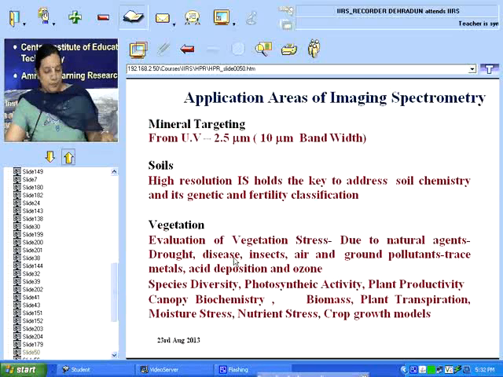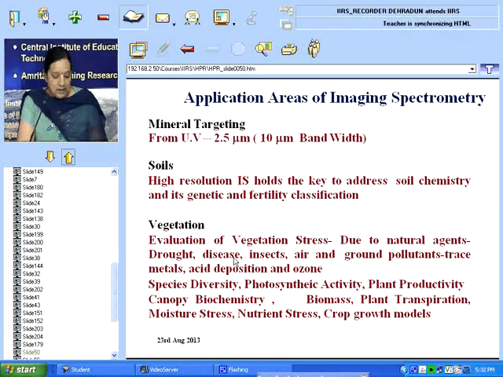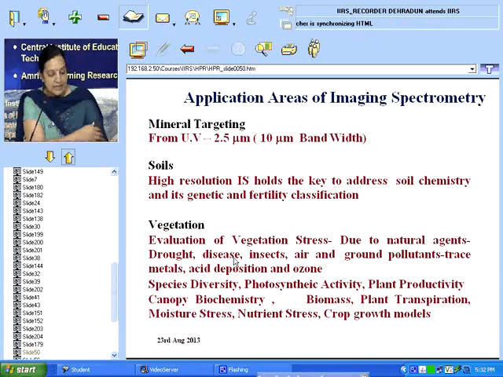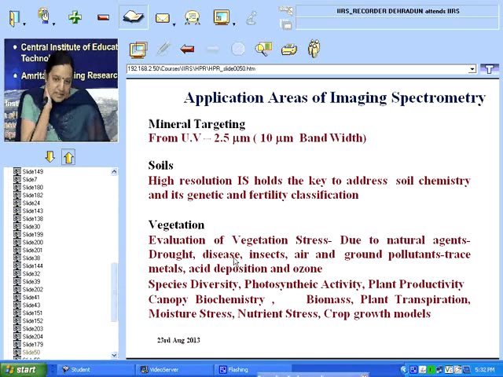So the main areas of application of hyperspectral, if we say, in geology, it's mineral mapping. In case of agriculture and soils, we can have crop production, crop identification, the crop phenology, physiology, and biophysical properties, the crop stress, the biofuel, crop residues. Soils, the high resolution offers the high sampling resolution that addresses key issues of the soil chemistry and its genetic and fertility classification.